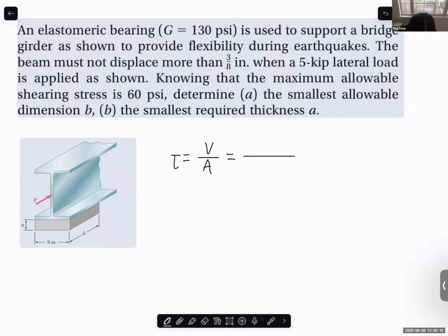Shear force here should be equal to P. What area should we use for calculating shear stress generated by this shear force in the gray block? A times B. Thank you. A times B. So this one should be lower than allowable shearing stress, which is 60 psi. So now B should be greater than 10.4 inch. So we calculated one.